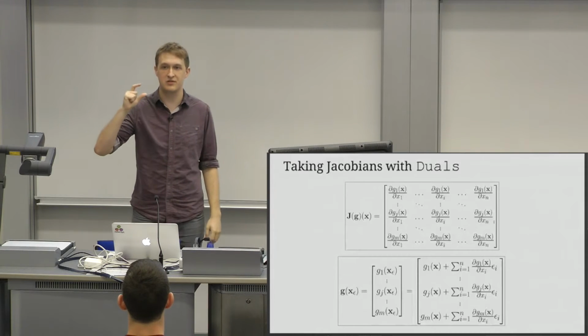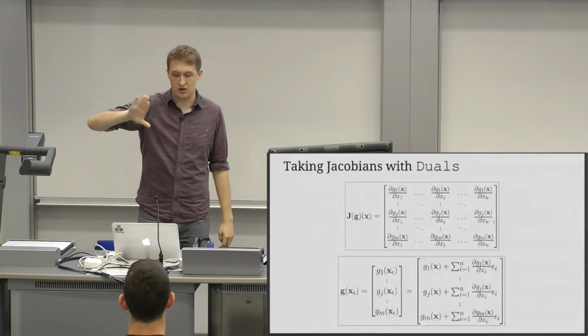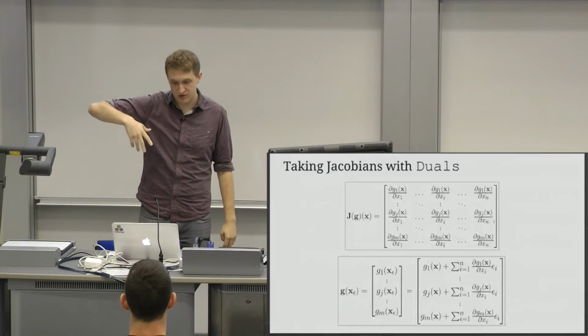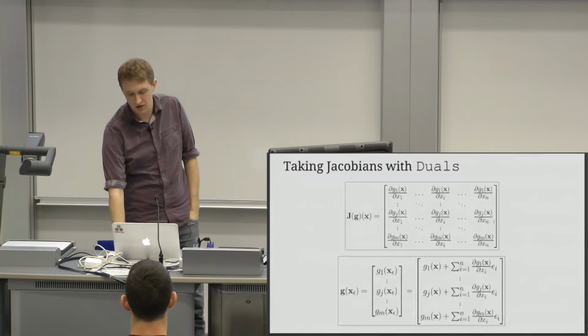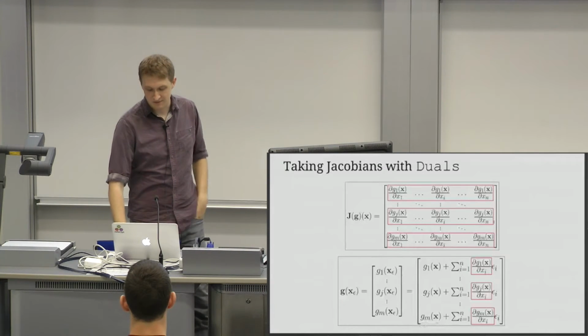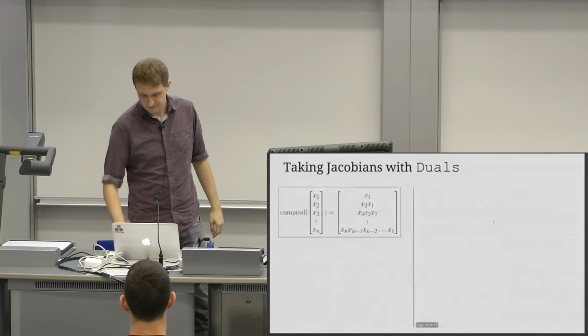For each of the input dimensions, you only need one perturbation that will vary, and then that will propagate along the rows of the Jacobian and give you the directional derivatives that you were seeking. So very similar seeding structure to the thing you would do with a gradient.